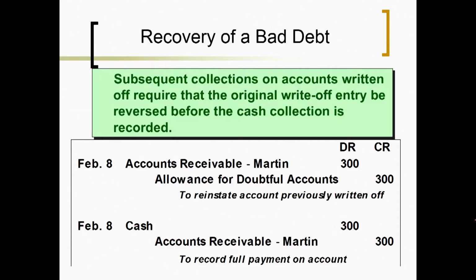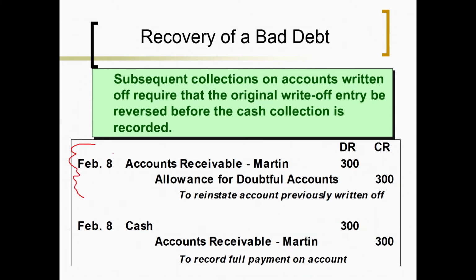Now, do we tell her we've already written off your account, plus we would never collect money from a widow? No, we collect the amount, don't we? Right? Okay. So the first thing that we do is we make this entry right here on February 8th.